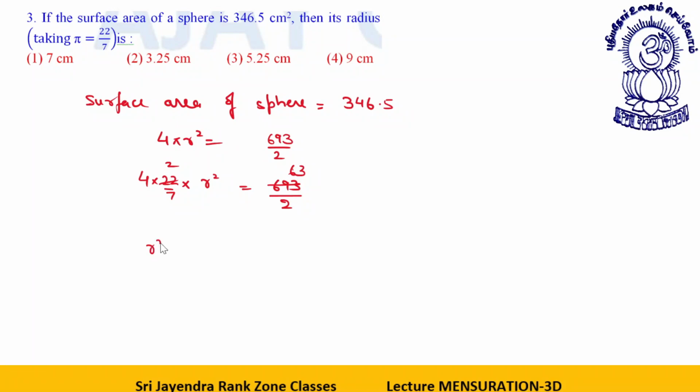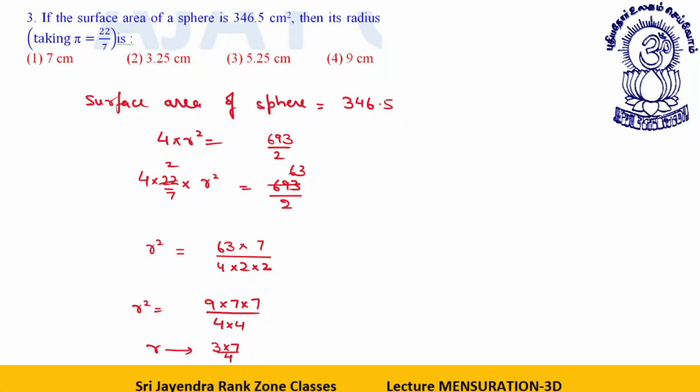So what do you have? You have r square as 63 into 7 divided by 4 into 2 into 2, or r square is equal to 9 into 7 into 7 by 4 into 4. From here you get r as 3 into 7 divided by 4.